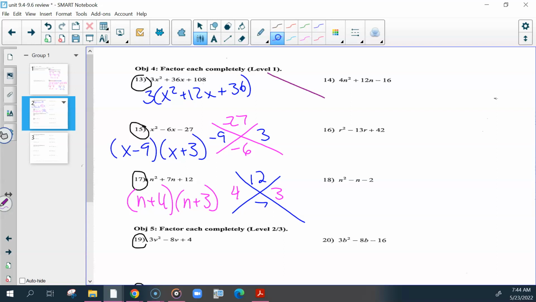So we're looking for two numbers that multiply to be 36, but add to be 12. What two numbers would work? So you would leave the 3, just bring it down, and we have x plus 6, x plus 6, or you could write it as 3 times x plus 6 squared.